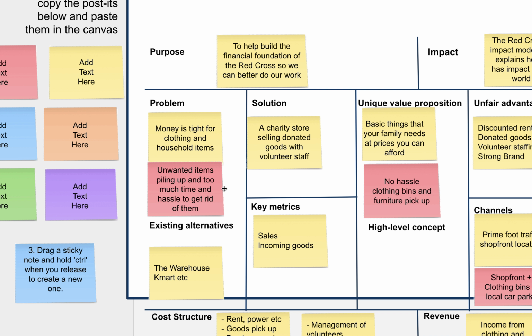So we've got them sitting around and they're like, what do we do with that thing? On the buying side, the existing alternatives that show that there is demand for low-cost items would look at maybe the Warehouse and Kmart and other thrift stores and secondhand stores that would show that people were out looking for secondhand clothing and secondhand household items because there's a need there.